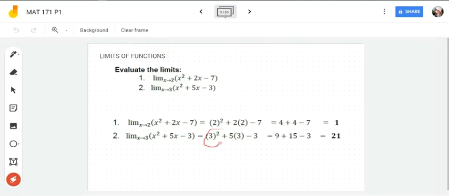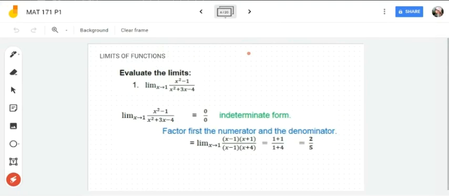Okay, so 3 squared is equal to 9. 5 times 3 is equal to 15. And then minus 3. So 9 plus 15 minus 3 will be equal to 21. Okay, next, let's evaluate this limit.